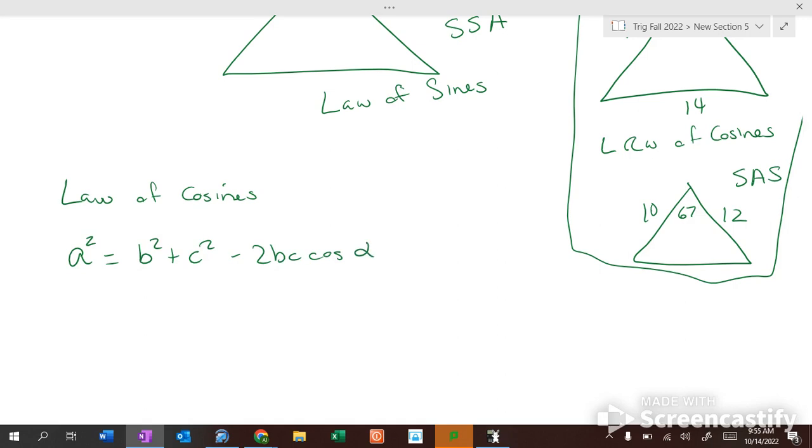That's if you're looking for A. If you're looking for B, then B squared equals A squared plus C squared minus 2AC cosine of beta. And if you're looking for C, C squared equals A squared plus B squared, Pythagorean theorem, minus 2AB cosine of gamma.